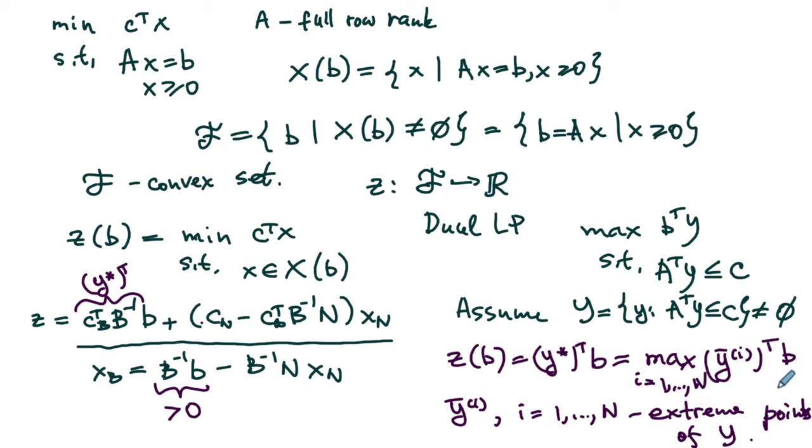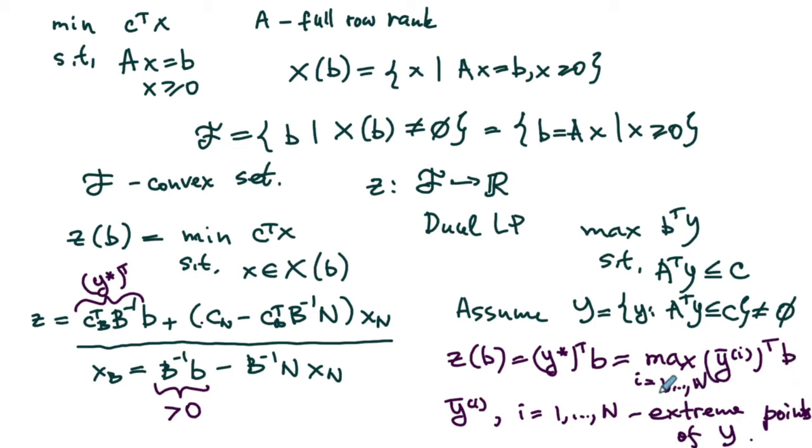But now what happens if some of the entries here are equal to 0 and we have a degenerate basis? So in this case there is a possibility of alternative optima for the dual problem, and as a result, there may be a couple of different extreme points where this maximum is achieved for a particular b value.